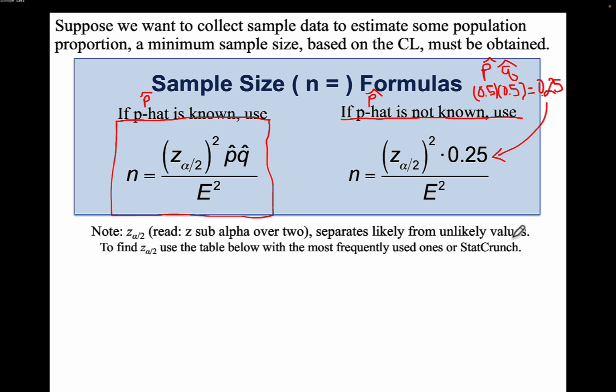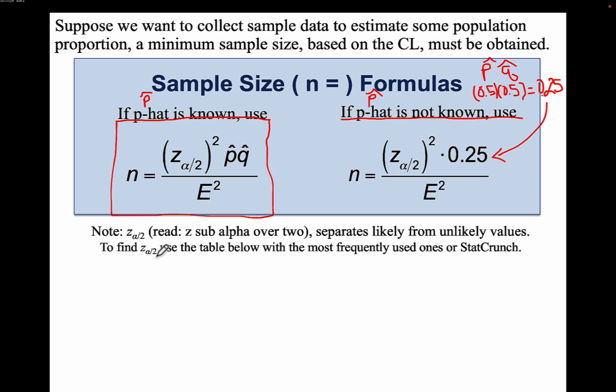We've talked about that before, when we used z-scores. For the standard normal distribution, z-scores of positive 2 and negative 2 were the separators. They separated the ordinary from the unordinary, the usual from the unusual, the likely from the unlikely.